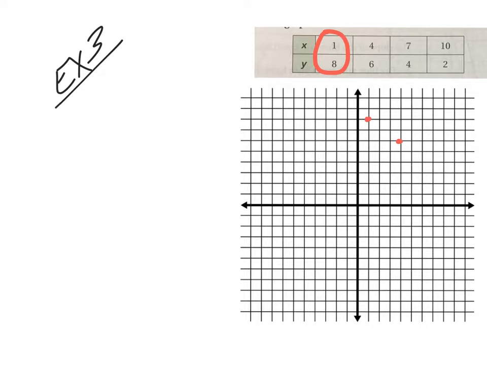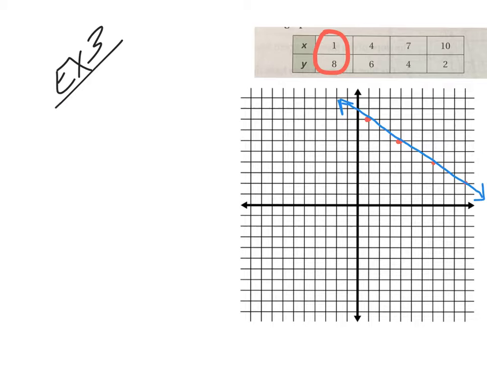So I go over how many? 7. And up 4. And then my last one, 10 comma 2. So I have my 4 dots. If you can draw a straight line, hopefully.